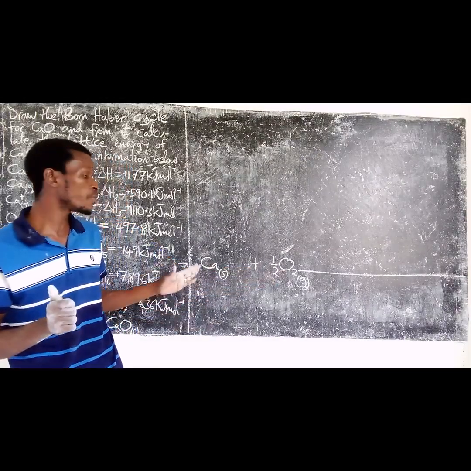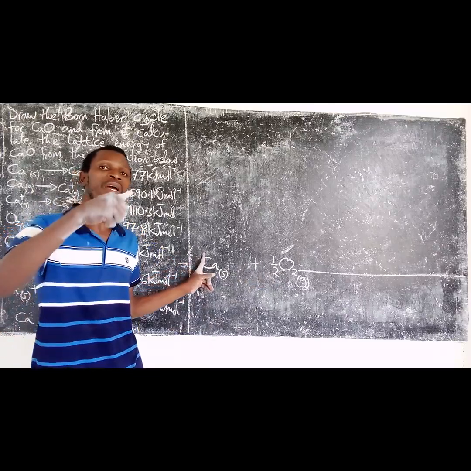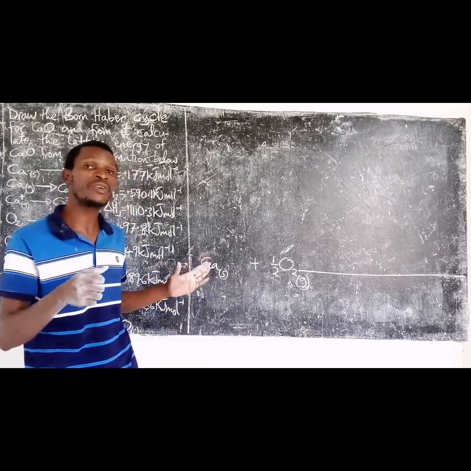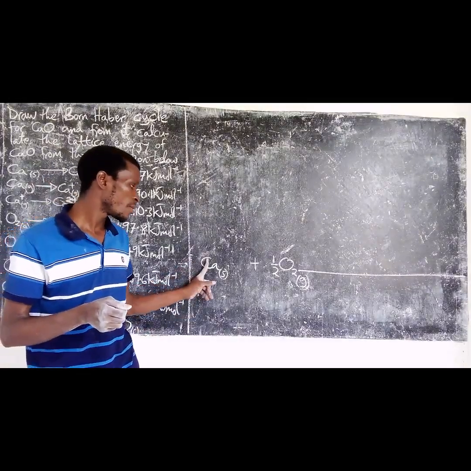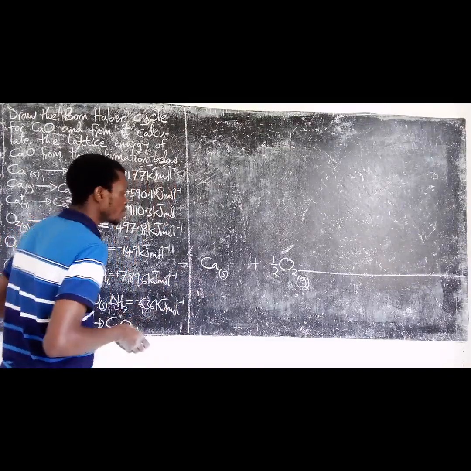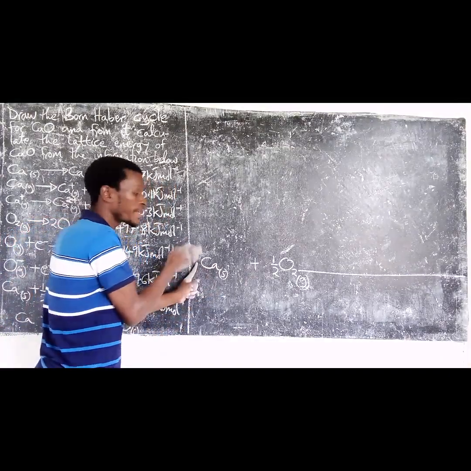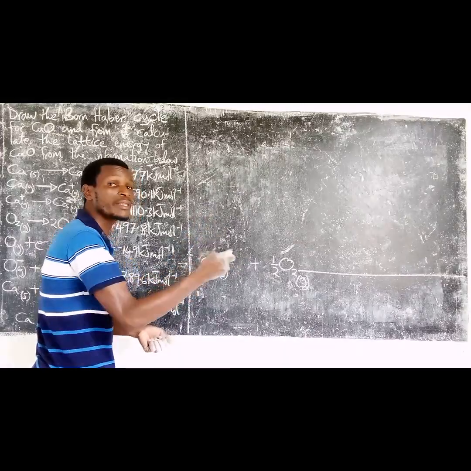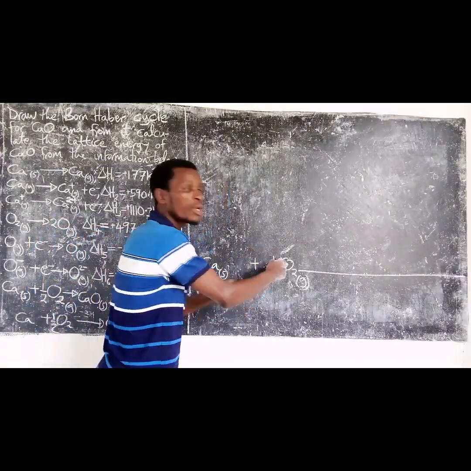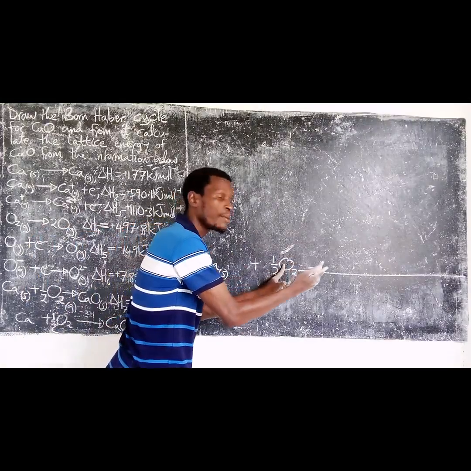So in order for them to react, they have to absorb a series of heat energies from the environment. We have to deal first with the metallic element. Then after the metallic element has reached an extent to react, we shift to the non-metallic element.